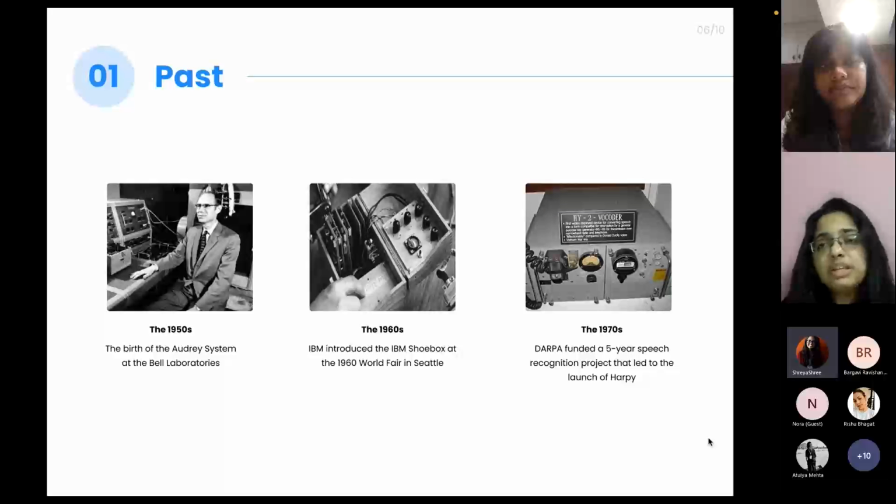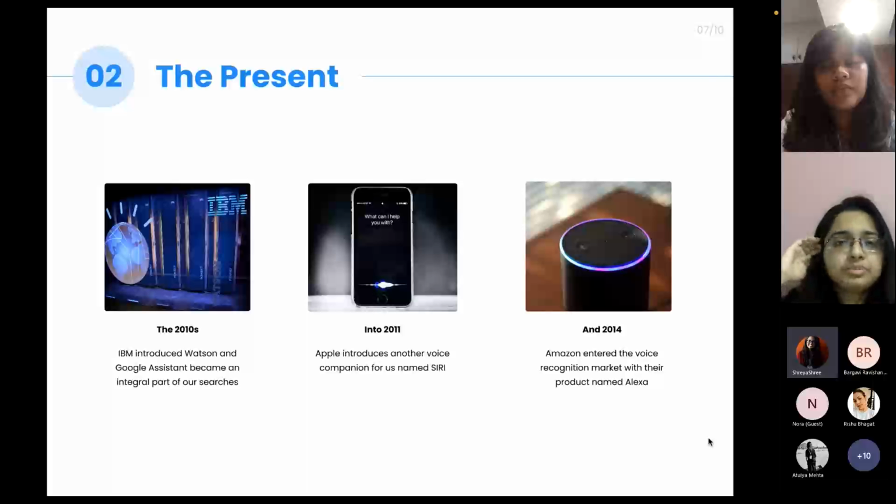Moving from the 20th century to the 21st century, I think we have seen a lot of development in this particular field. A lot of the companies took up the technology and wanted to develop and improvise on all of the devices that were already existing.